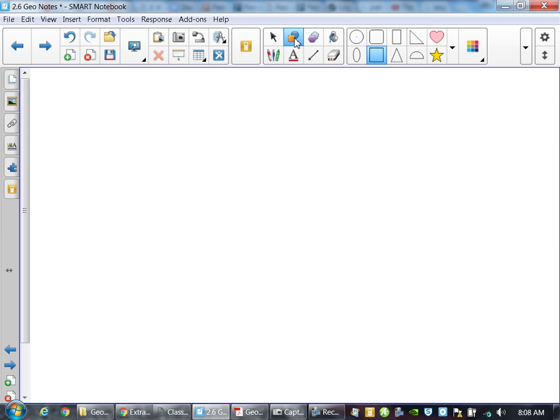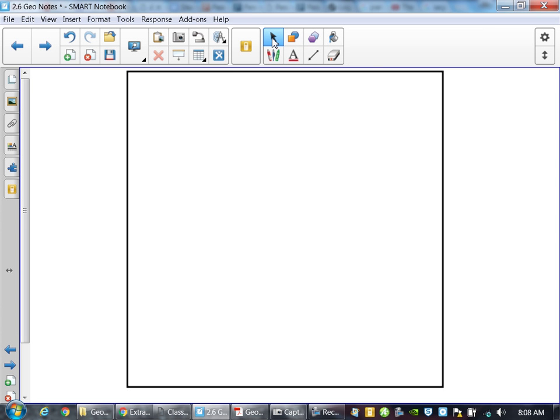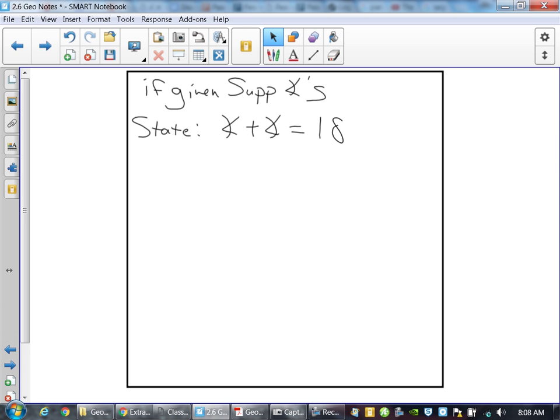Let's do another one. If given supplementary. Very, very straightforward. If you're given supplementary, we know that angle plus angle equals 180.